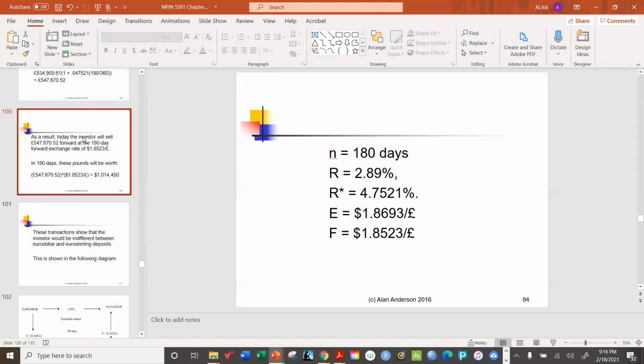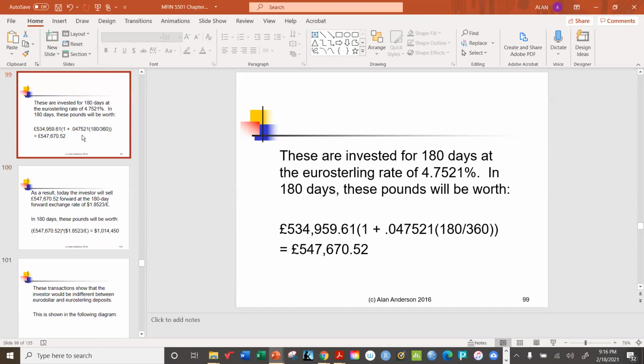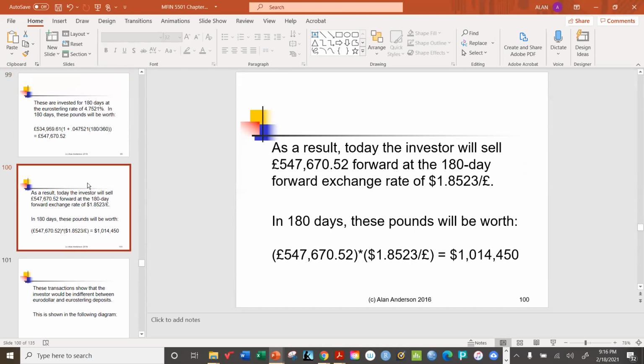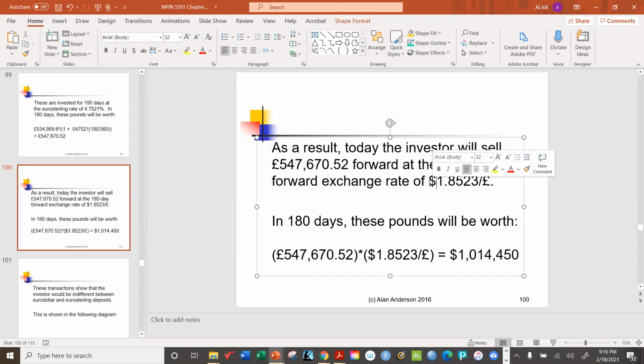So therefore, when I sell these through that contract, I have my pounds in 6 months. I close out my account. I take the pounds and I sell them through that forward contract at the forward exchange rate, which we saw earlier. And guess what? That will be worth exactly $1,014,450.